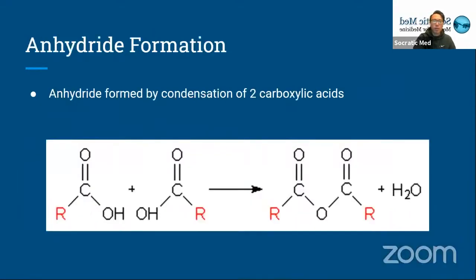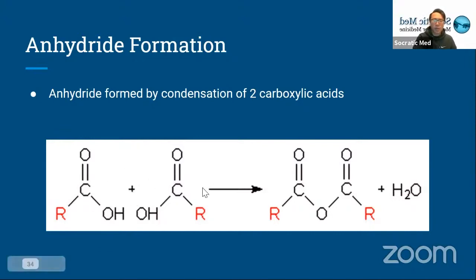Next, an anhydride. For anhydride formation, you use two carboxylic acids to form an anhydride. This is also a condensation reaction because it combines these two carboxylic acids and forms water as a side product.